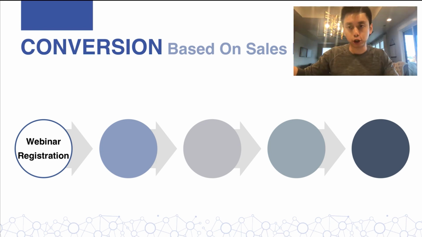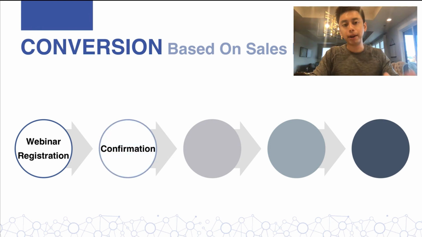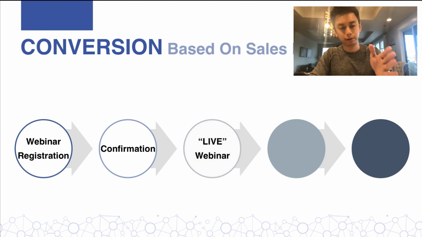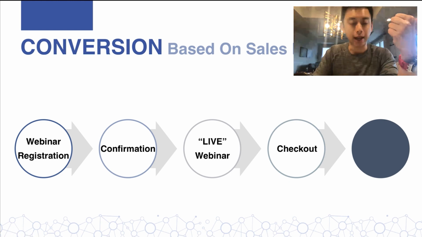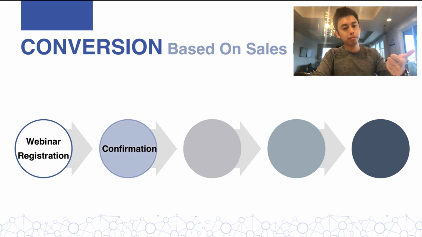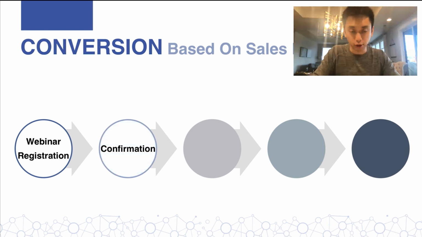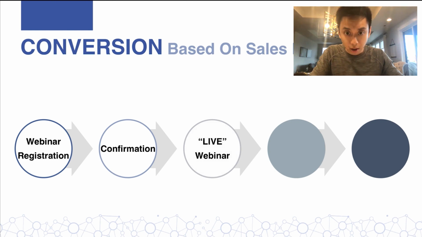Now, I've talked a lot about sales processes in my other videos, but for the purpose of this example, notice that this sales process is basically 5 steps. Okay, notice that they register for a webinar, and then step number 2 is, hey, thank you for registering, you're confirmed. When the countdown timer ends, that's when the webinar will begin.